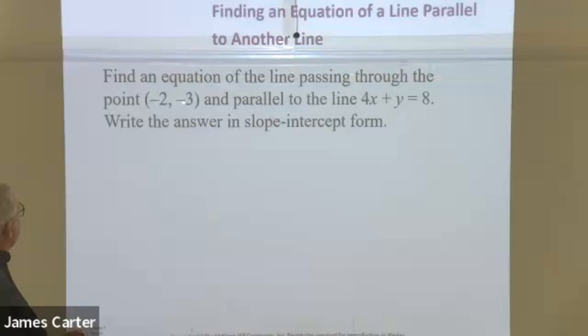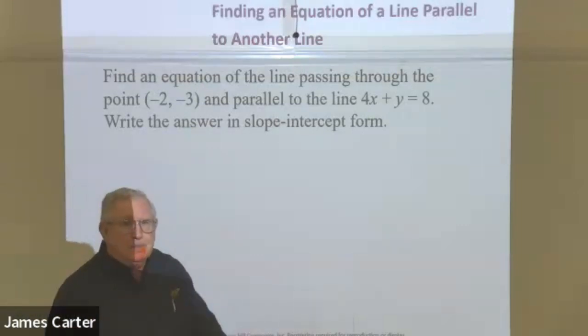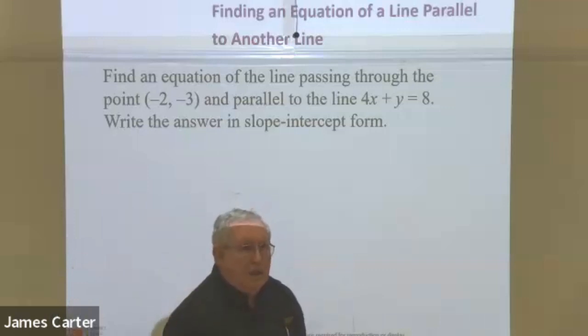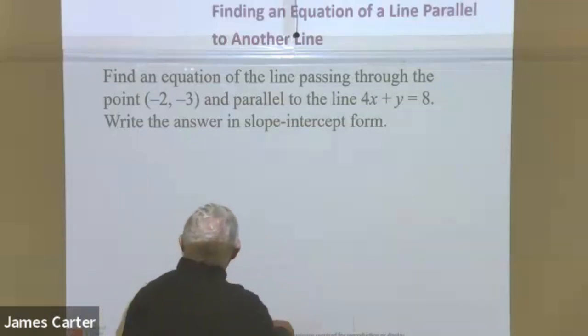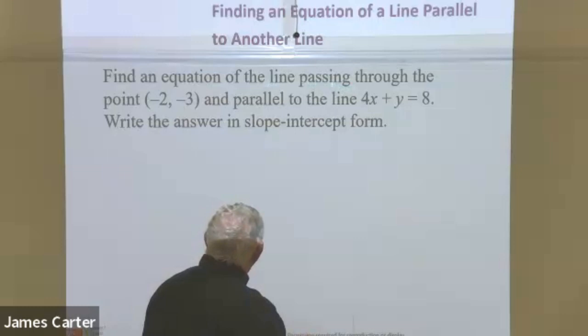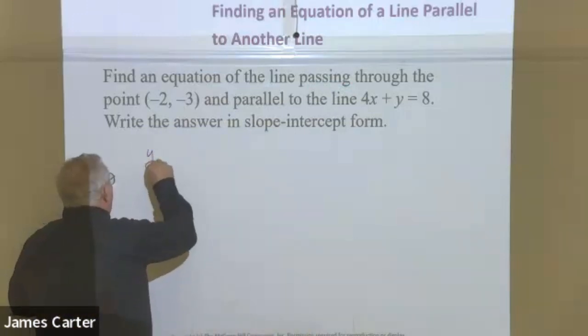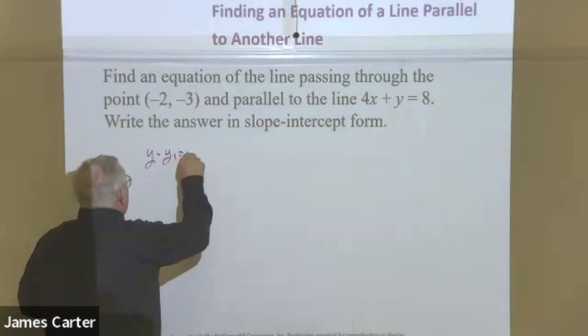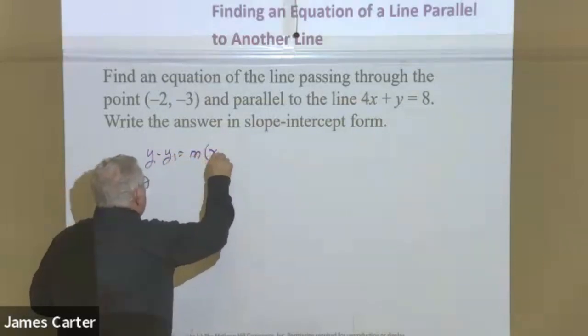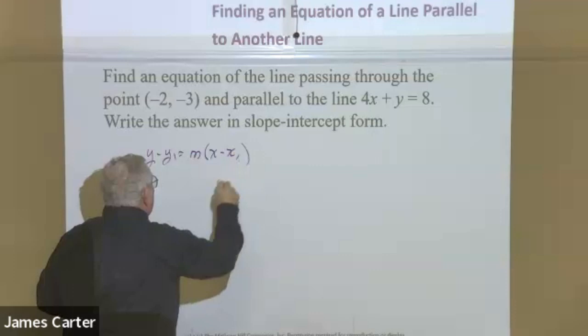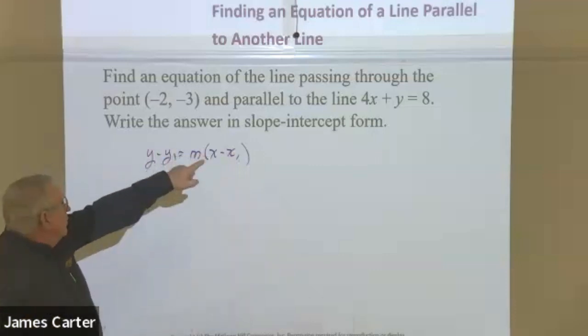Find the equation of the line passing through this point and parallel. Okay, we're throwing something extra in here. Find the equation of the line. That means that I'm going to need y minus y sub 1 equals m times x minus x sub 1. Somewhere in this problem, I'm going to need that.